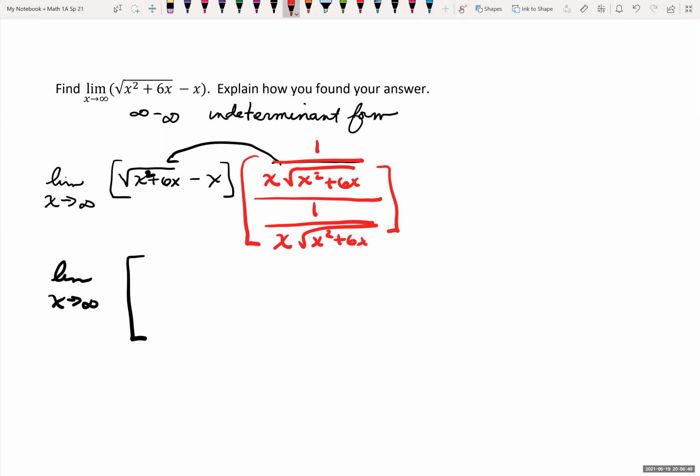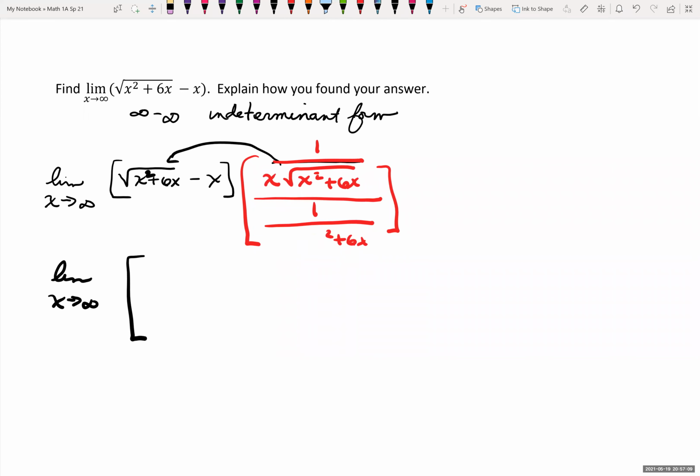Sorry, Professor, I think there should be a sign between the x and the root of x squared plus 6x. Yeah, if I was going to multiply by the conjugate. But let's just go through and do how I know for sure works.